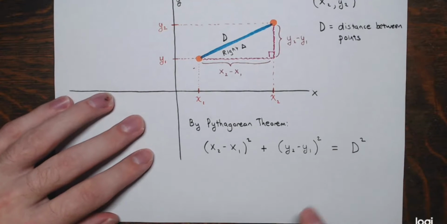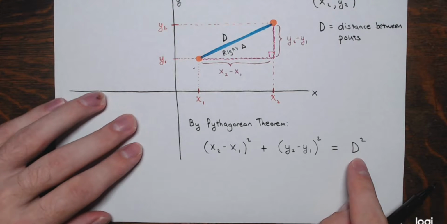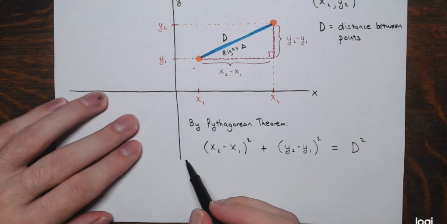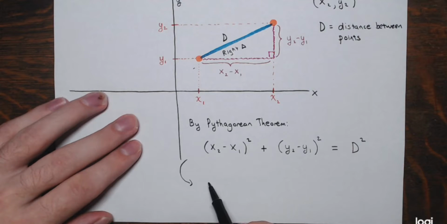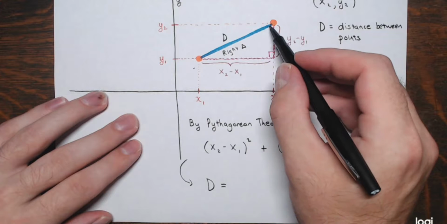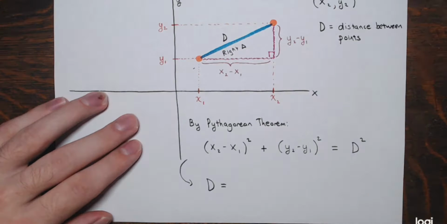And then we solve this for d, the distance between the 2 points. So that means that d, the distance between these 2 points, x1 comma y1 and x2 comma y2, is either plus or minus the square root of something, but I'm going to use the positive square root because this is a distance, and remember, distance, length can't be negative.